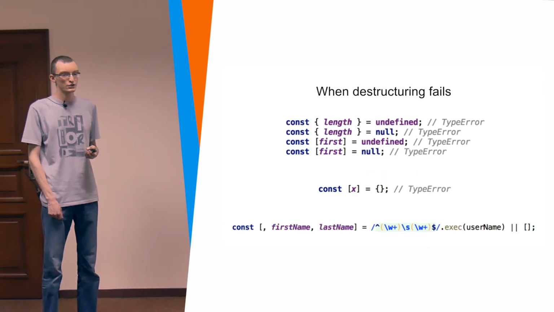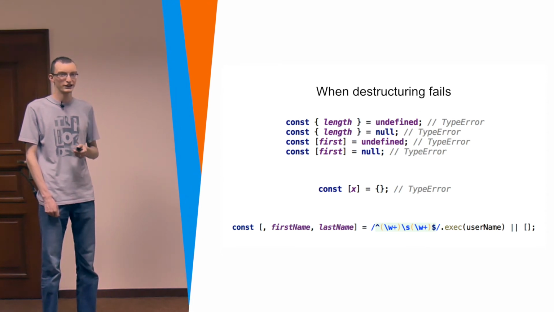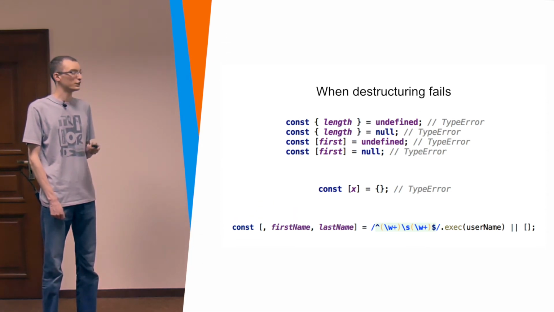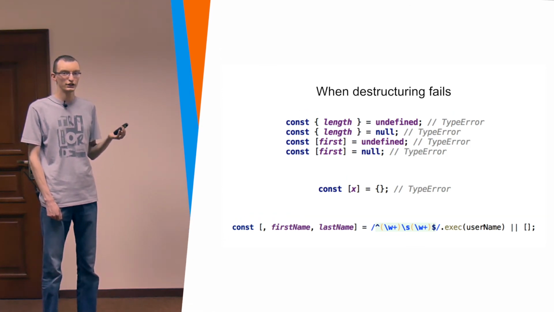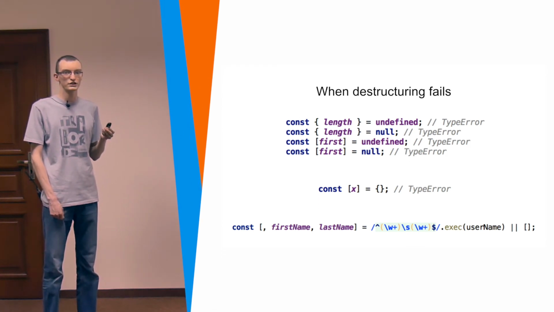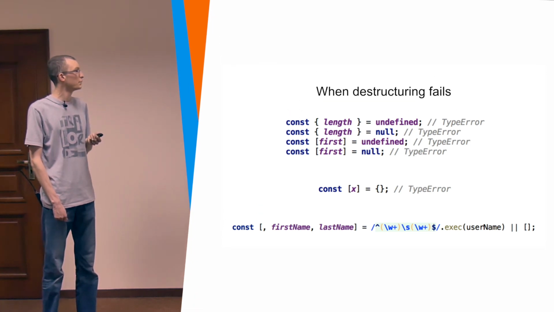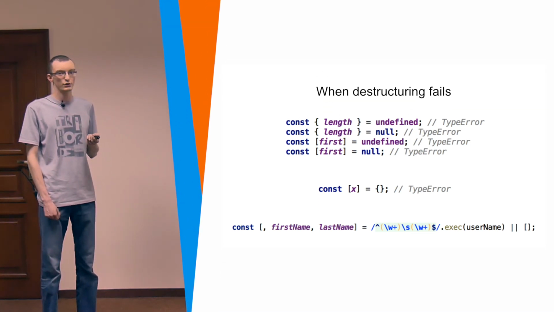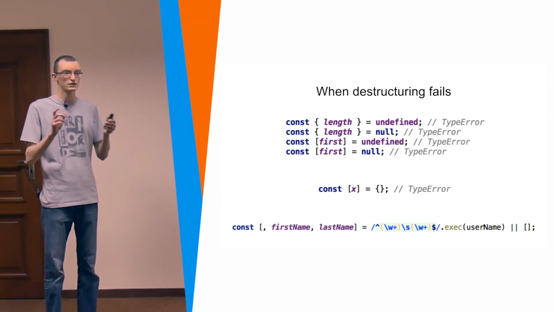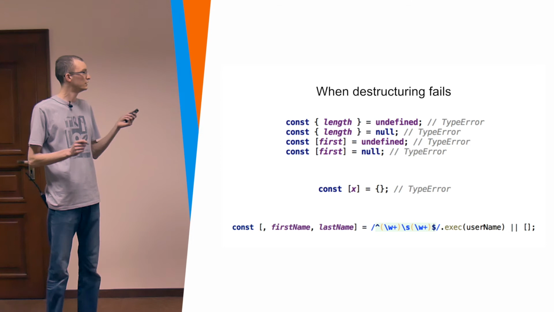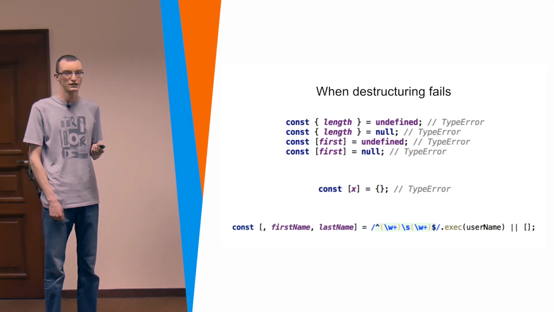There are also some restrictions regarding destructuring. We need to be careful about passing undefined and null as source, because this will raise a type error. Also, if we try to use array destructuring and pass an object as a source, this will also fail on us.